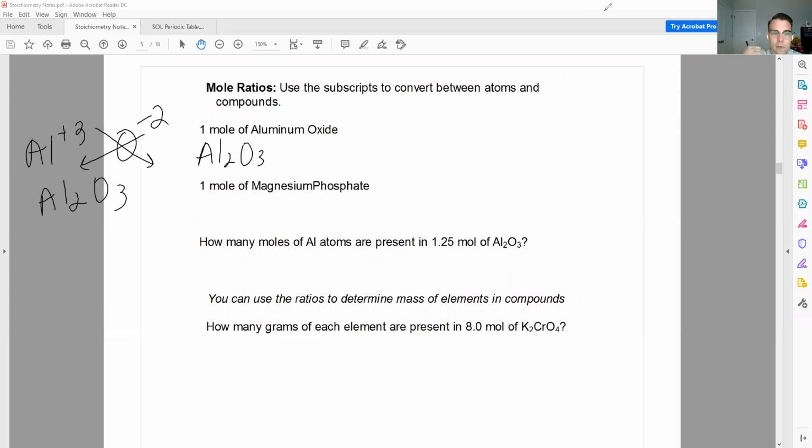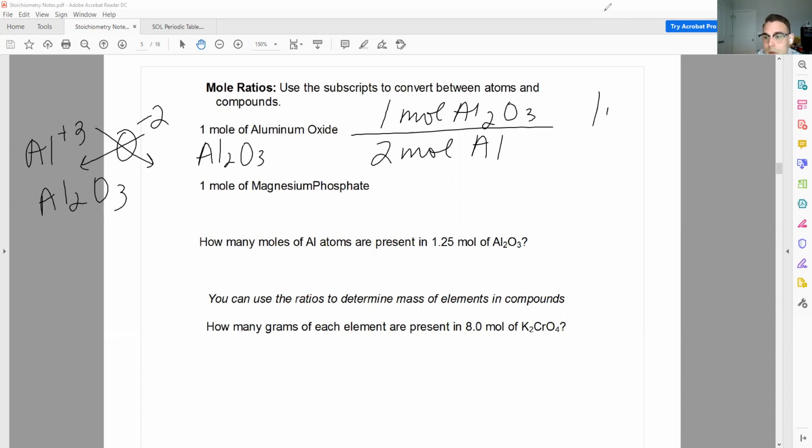Now, a mole ratio is a conversion between moles and moles. So for example, in 1 mole of aluminum oxide, I can have 2 moles of aluminum, right? Because that's what the formula says, Al2. So there's 2 moles of aluminum in 1 mole of the compound. Or I could say 1 mole of aluminum oxide has 3 moles of oxygen.